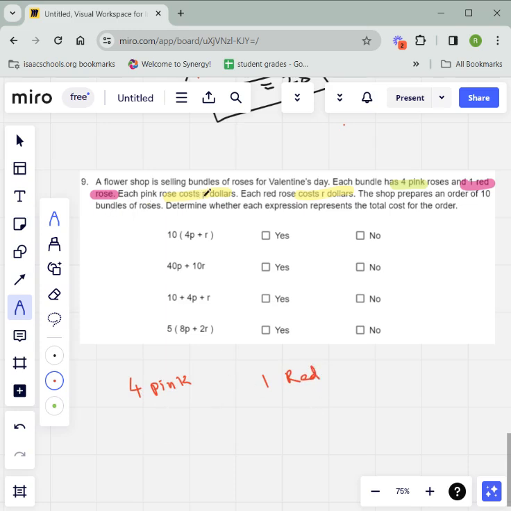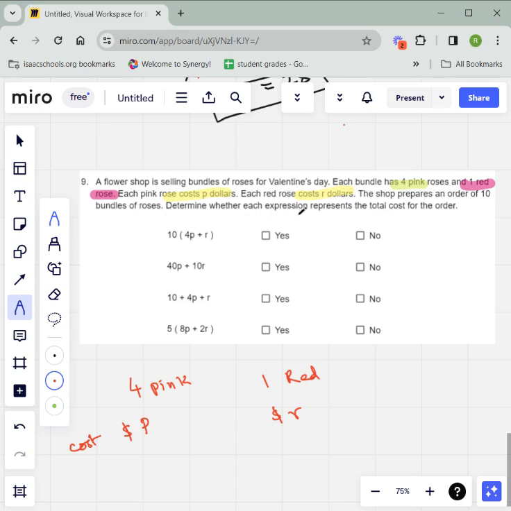And then cost is P dollars for the pink, and then here is the R dollars for the red roses. Now the shop prepares orders of 10 bundles. Okay, so you're making 10 bundles of roses.